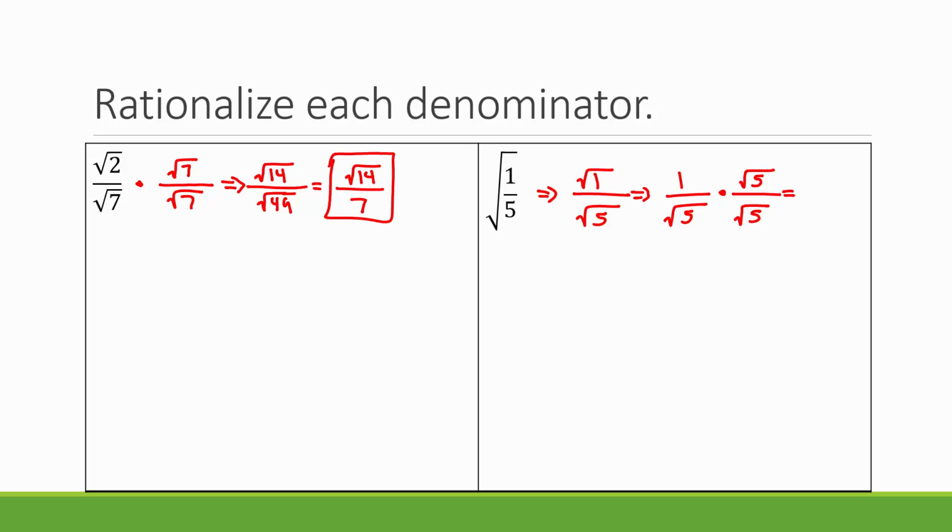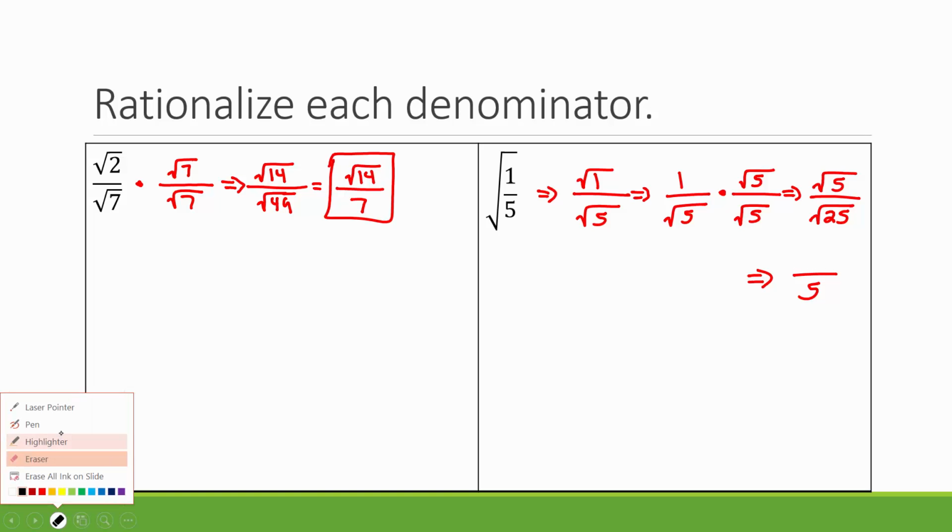So 1 times the square root of 5 is simply the square root of 5. Square root of 5 times the square root of 5 is simply 5, or the square root of 25, which can be simplified. Now, again, I cannot simplify those 5s because the 5 in the numerator is under the square root symbol, whereas the 5 in the denominator is not.